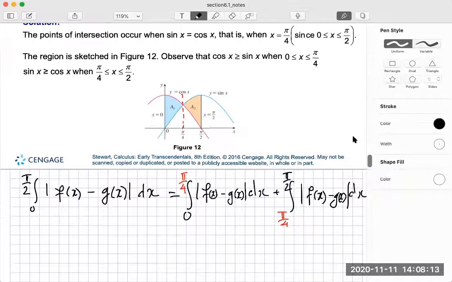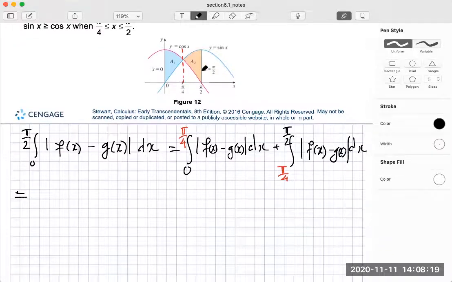Okay? And from the graph, we know that in the interval from 0 to pi over 4, which one is larger? Cosine is larger, very good.